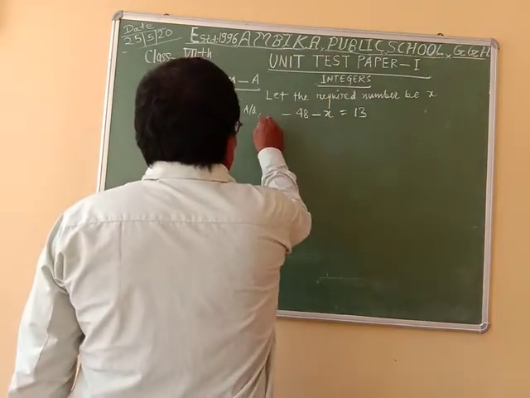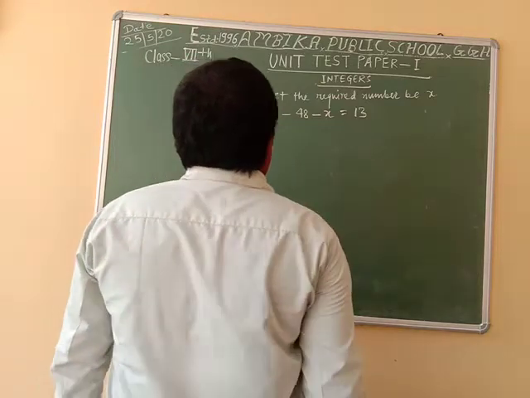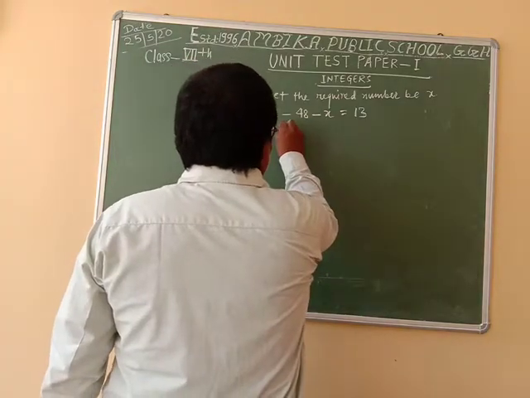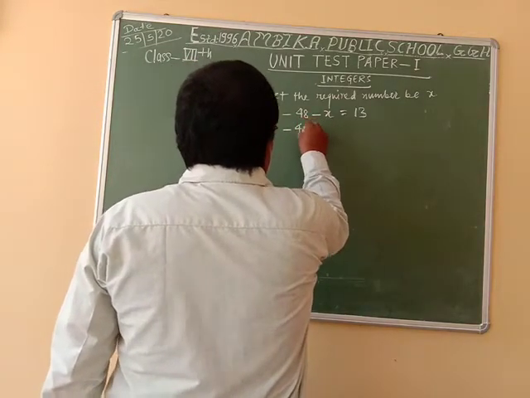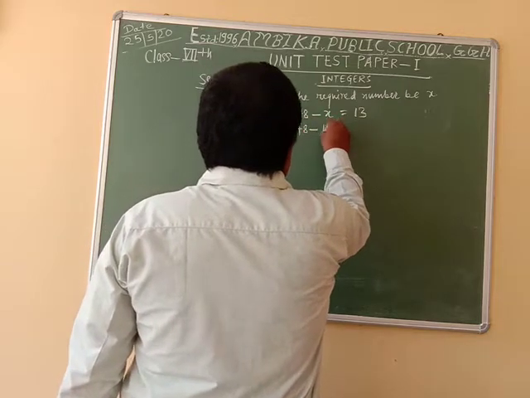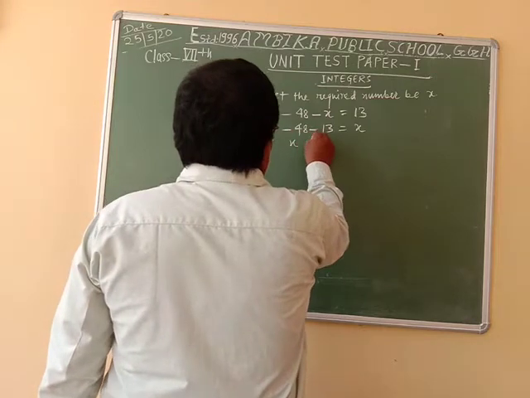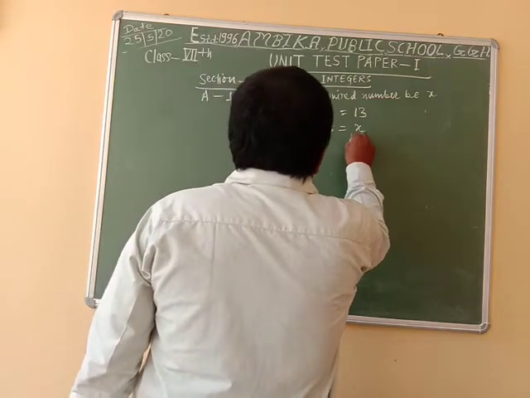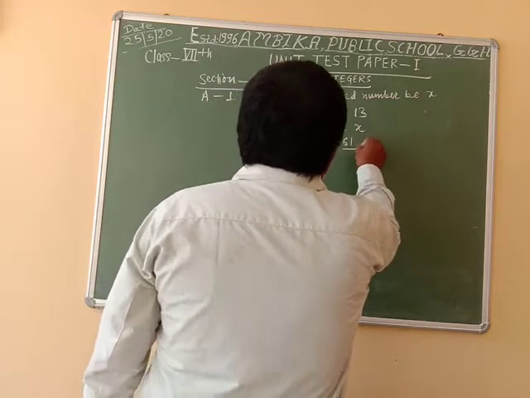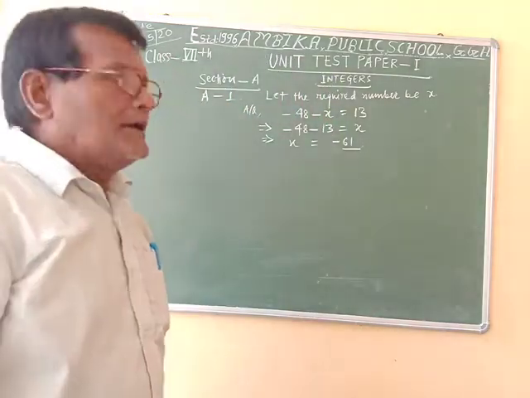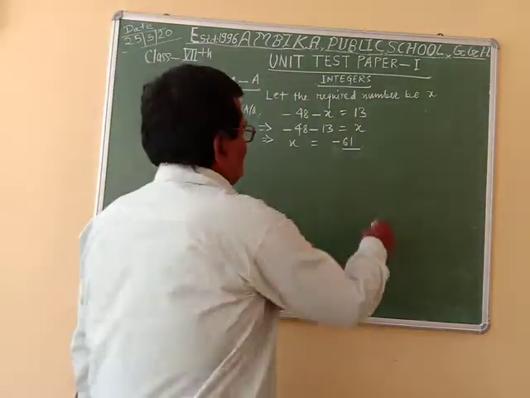After subtracting, we can write minus 48 minus 13 is equal to x, so x is equal to minus 61. Hence the required number is minus 61.